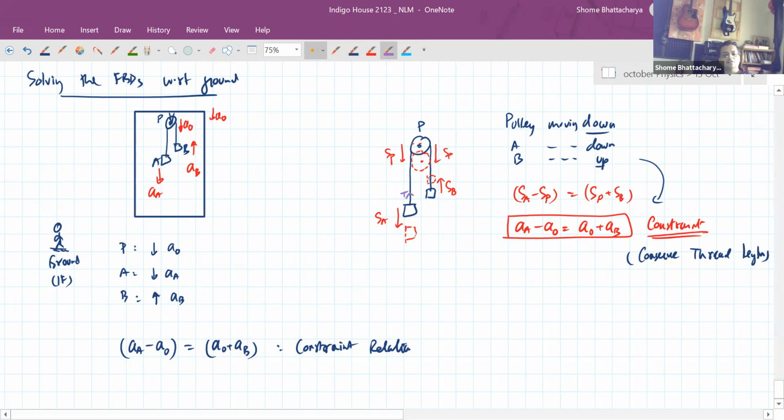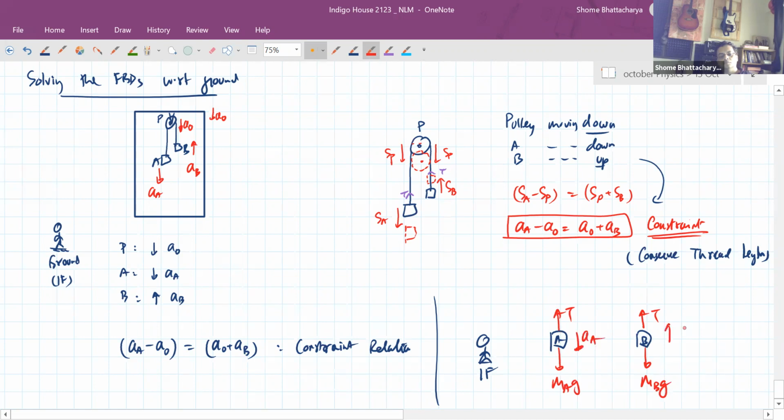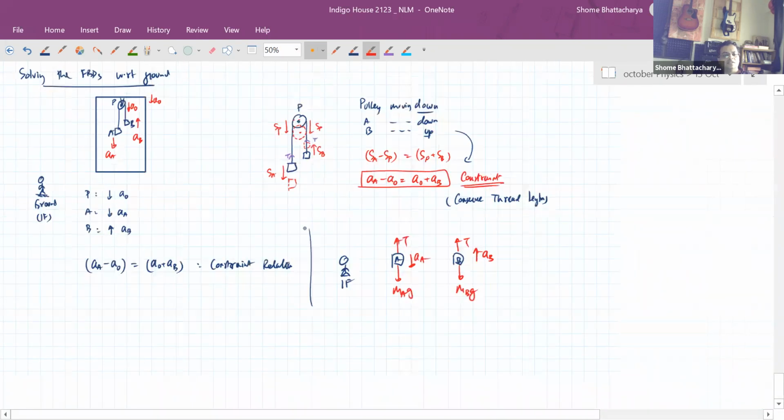There's only tension and weights. So in this inertial ground frame, if I make the free body diagrams of A and B, I'll consider only tension and weight. Additionally, I'll have the constraint equation.